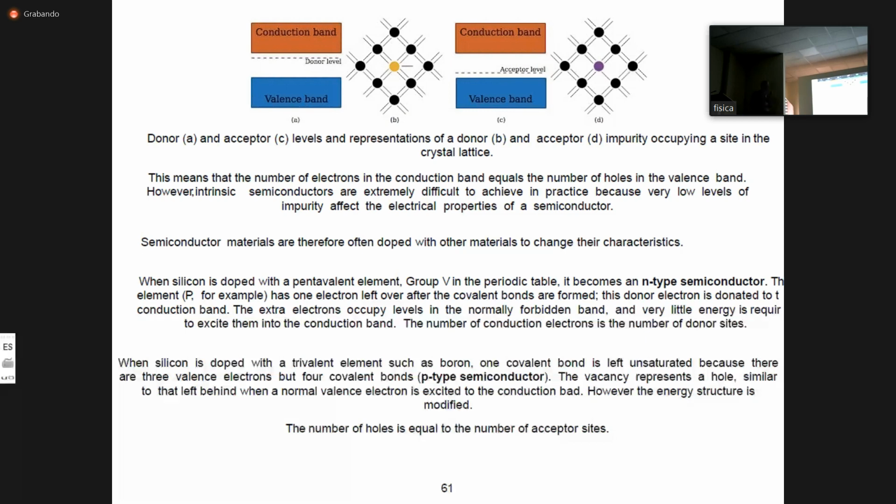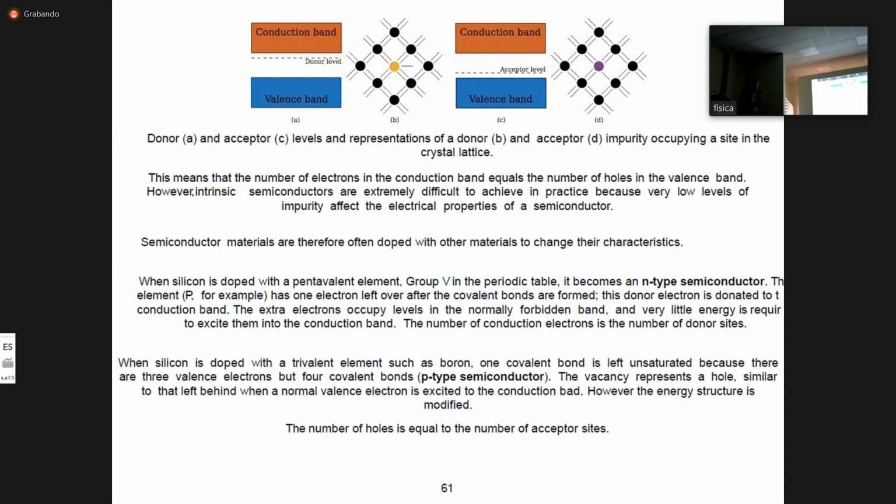One should be a P-type semiconductor, which is doped with elements like boron from the third column of the periodic table, and the second material should be from the fifth column, phosphorus for example, and you will get an N-type semiconductor material.